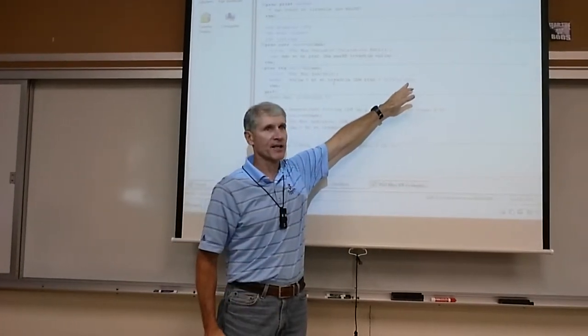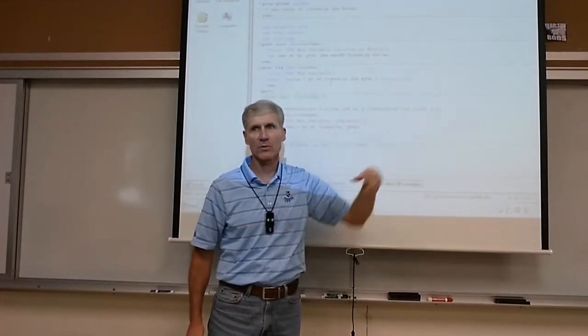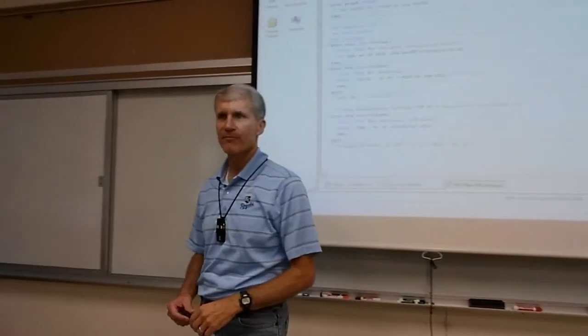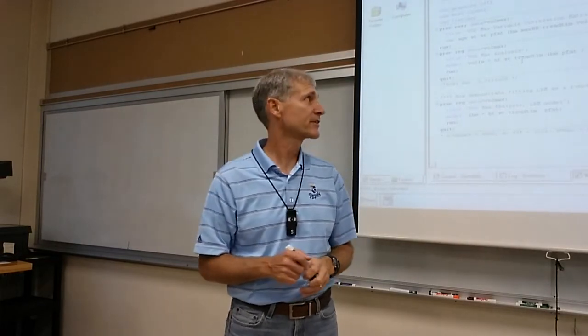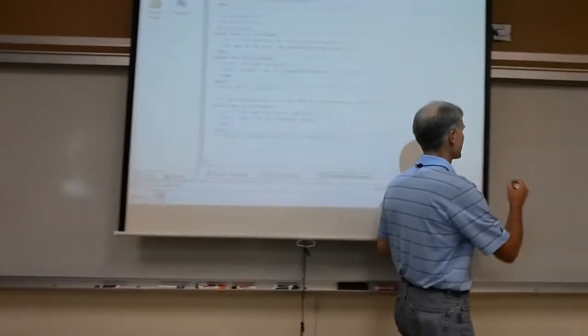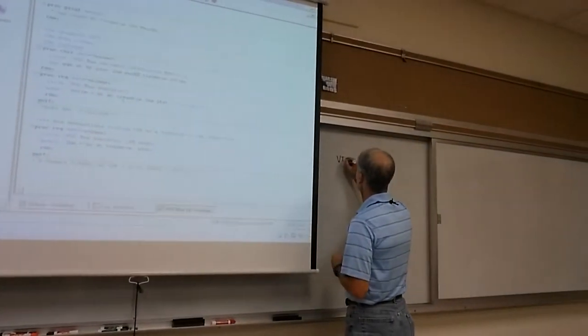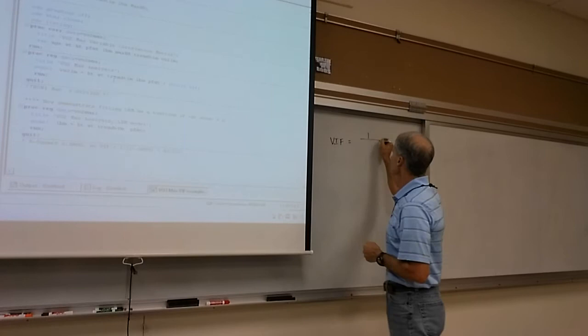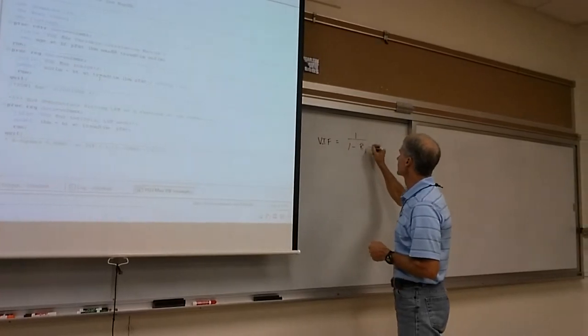And then another option for the VIFs. So what does VIF stand for? It's the variance inflation factor. Okay, good. And how is it computed? Take 1 divided by 1 minus r squared, and then j variable, whatever variable you want to look at.